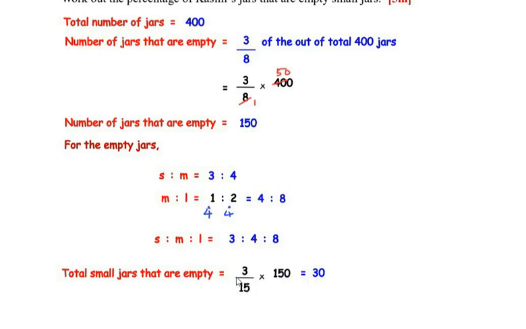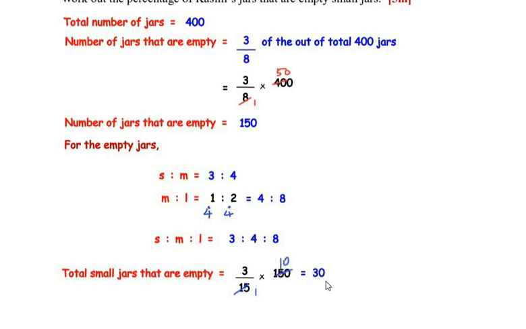Now 15 divides 150, that is 15 1 times is 15 and 15 10 times is 150, giving us 3 times 10 is 30. So out of the total 150 empty jars, 30 jars were small.